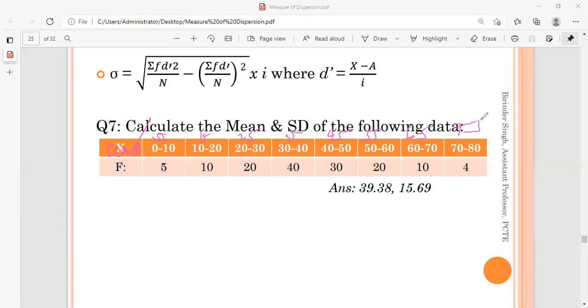So these mid values are to be treated as the raw data points, as in the case of discrete frequency distributions. And the rest of the procedure is the same.